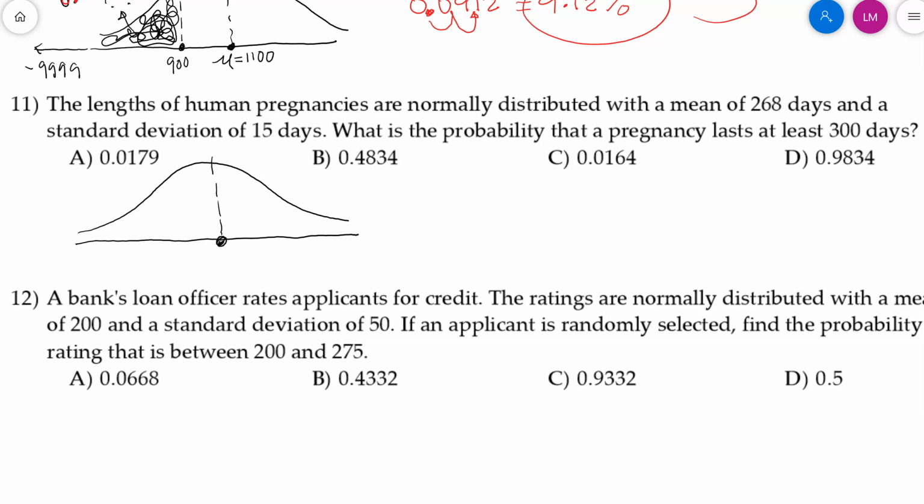The mean is 268, and sigma is 15. They're asking at least 300 days. That means 300 days or more. That's what at least means. So I said, what's out there? 9999.